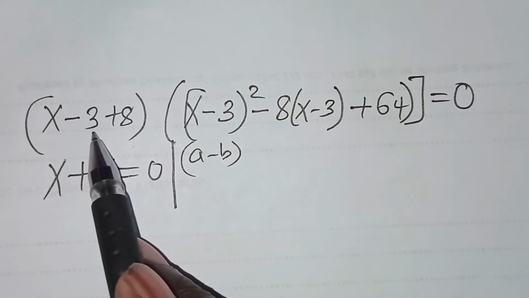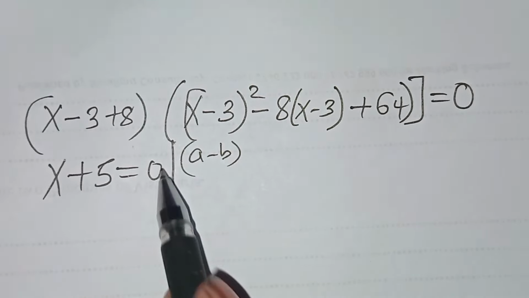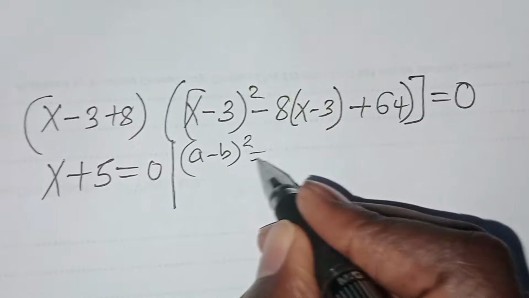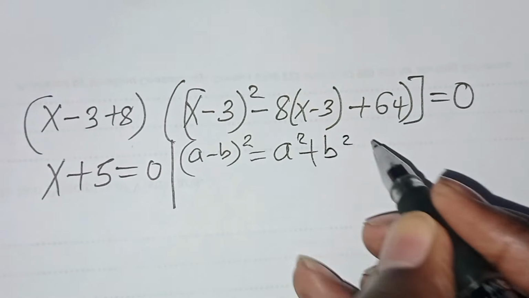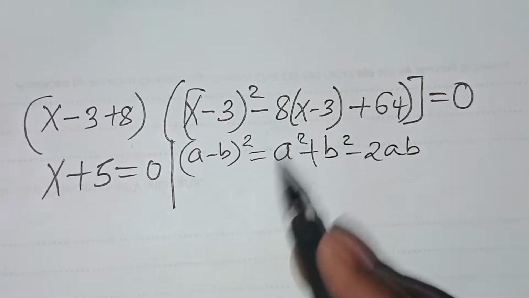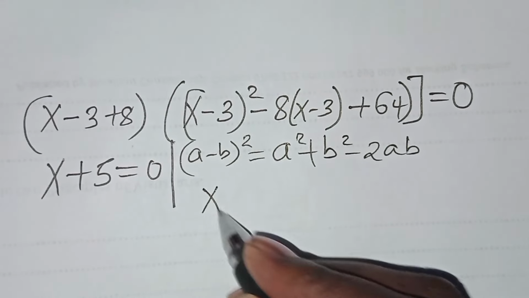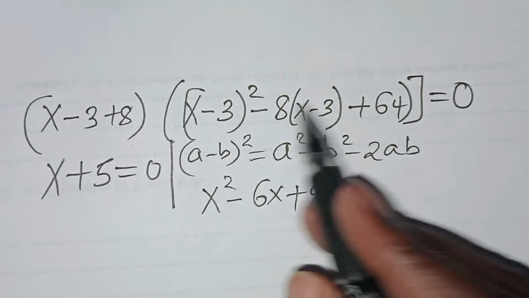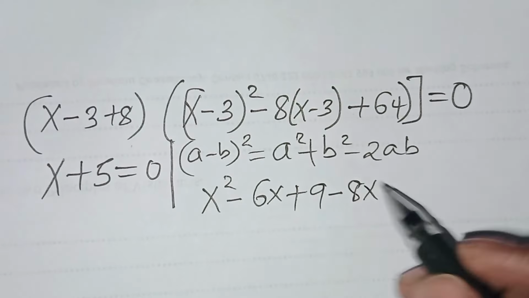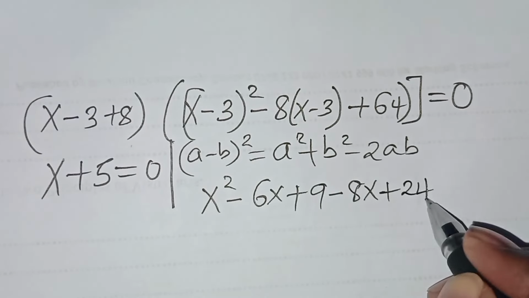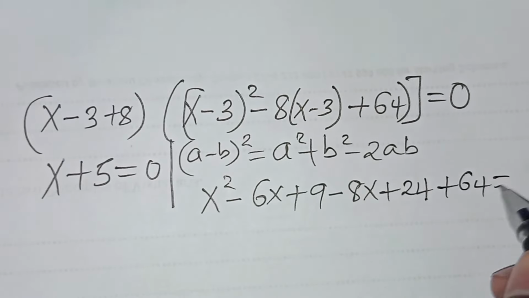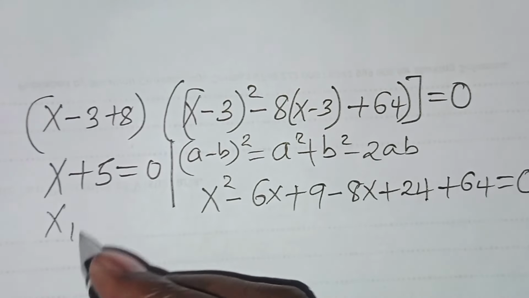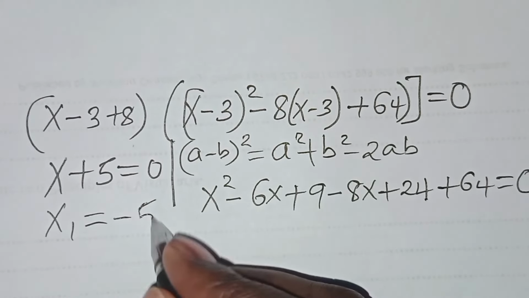So here you have x − 3 + 8, this is x + 5 equal to 0. Then we have (x − 3)², which is in the form of (a − b)², which you can express as a² + b² − 2ab. Applying this algebraic identity, here we'll have x² − 6x + 9 − 8x + 24 + 64 equal to 0. So the first part, x1 is equal to negative 5.